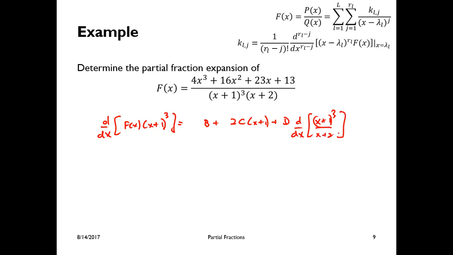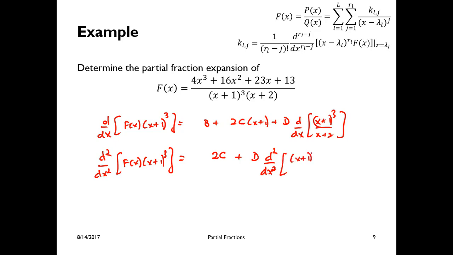Now again, if I evaluate both sides of this equation at x equal to minus 1, I will get the coefficient B. So let me now take the second derivative of f of x times x plus 1 cubed, or the derivative of the above equation. So on this right-hand side, I'm now going to get simply 2 times C plus D times the second derivative of x plus 1 cubed over x plus 2.